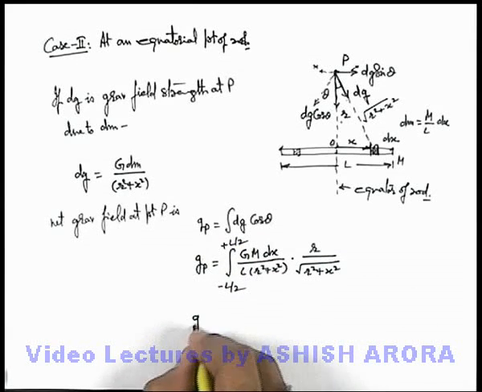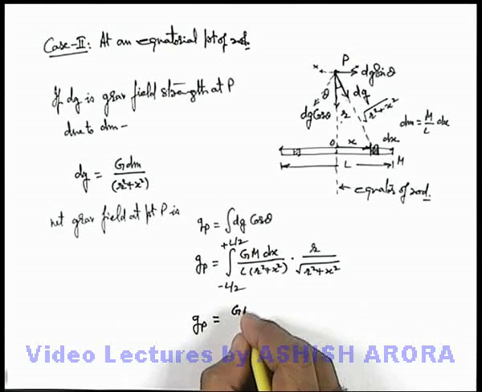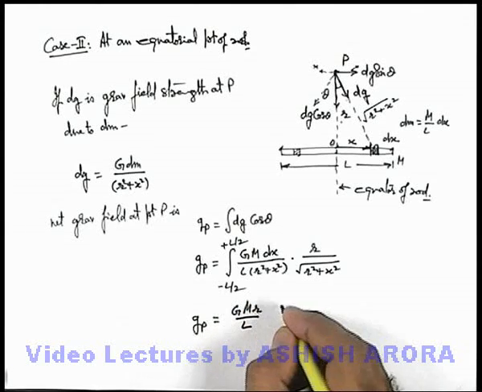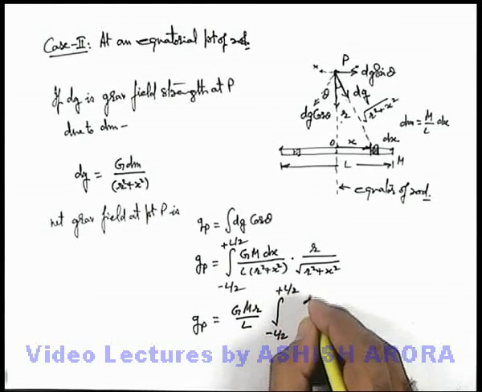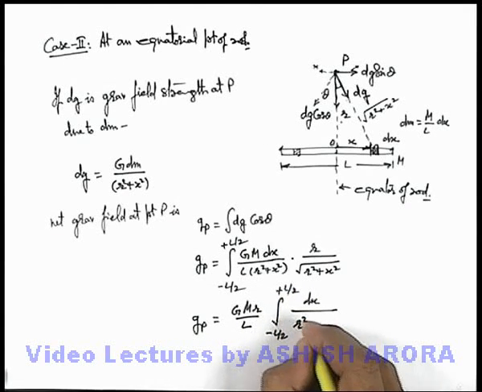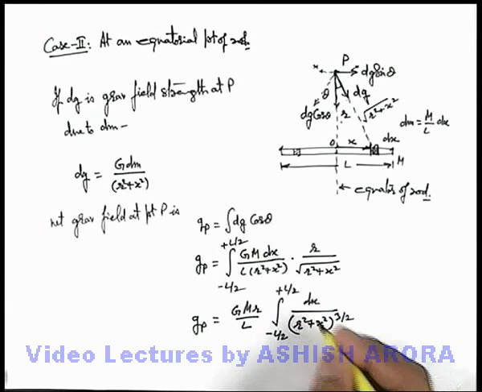So Gp, taking the constants out, is G m r by L, integration from minus L by 2 to plus L by 2 of dx by (r square plus x square) to power 3 by 2. Let's continue the integration on the next sheet.